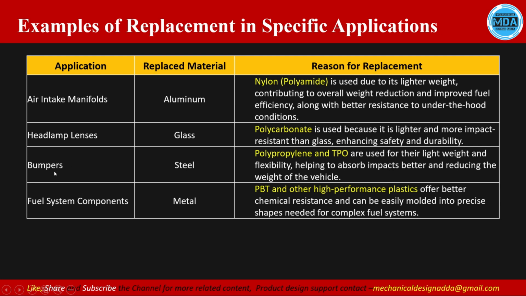And previously we were using steel material for the bumper, but now we are using polypropylene and TPO, for their light weight and flexibility, and they absorb impact better and reduce the weight of the vehicle. Then in the fuel system components, we are now using PBT and other high performance plastics.